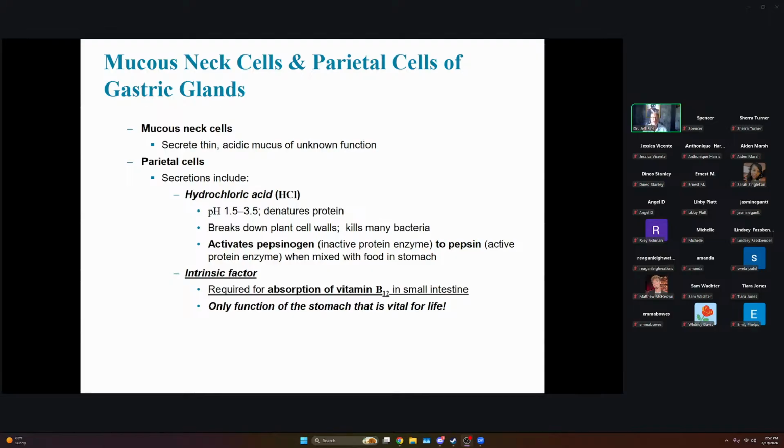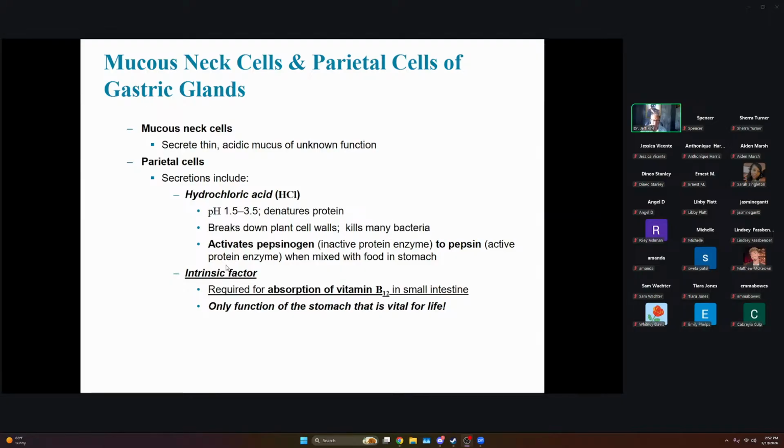If we don't have an adequate supply of vitamin B12 extracted from our digestive system and making its way into the bloodstream, because there's not intrinsic factor, then we can't make new red blood cells. And if we can't make new red blood cells, we all know how vital they are for oxygen carrying. All of our organs would start to shut down very rapidly, and we'd be in big trouble.